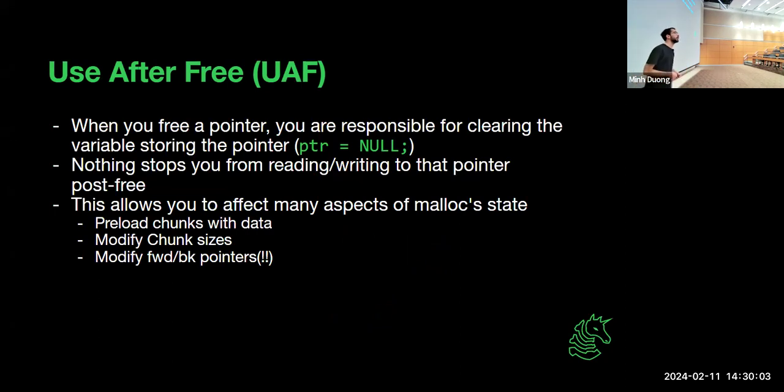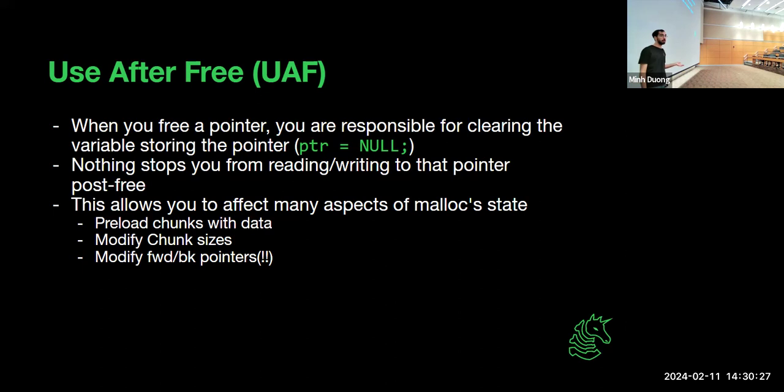So the first exploit we'll talk about, or bug really, is a use after free. When you free a pointer, all free will do is free up the pointer allocation and update malloc state. You still have a variable that points to an allocated, well, now free chunk. And that free chunk has metadata meant for malloc's use.